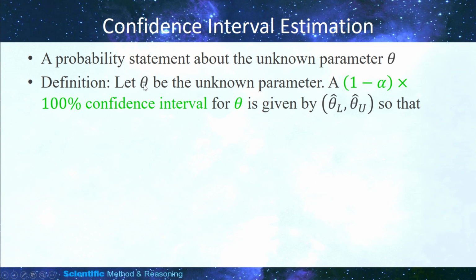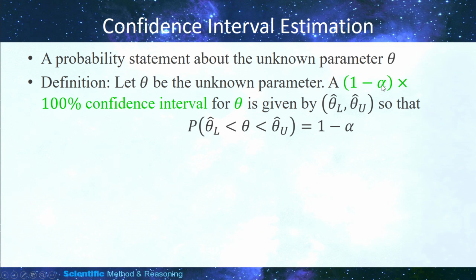For example, the definition is given by: let theta be the unknown parameter. A 1 minus alpha times 100% confidence interval for theta is given by theta L hat and theta U hat, okay? So that we have a high probability content, 1 minus alpha.